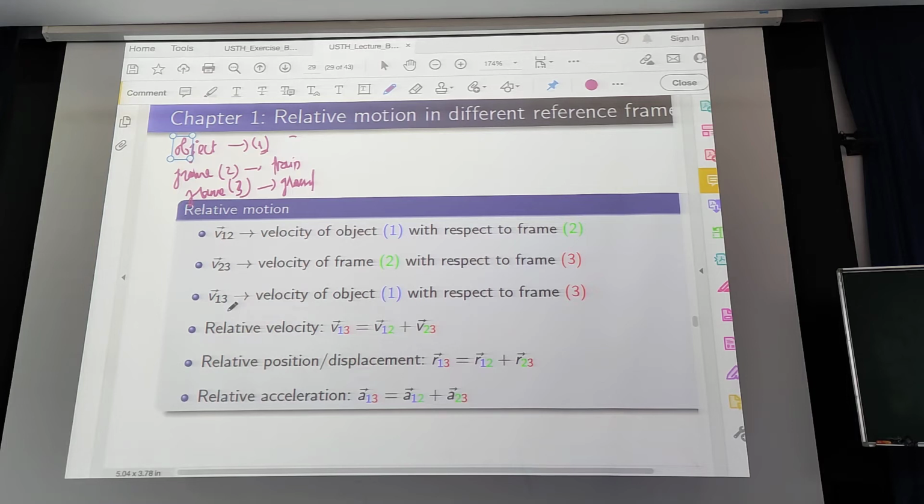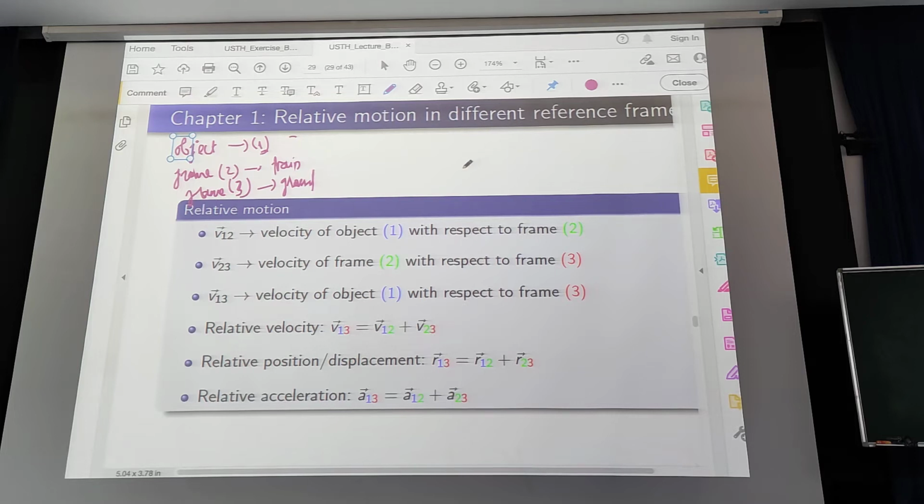The way you get the velocity of object 1 with respect to frame 3 is you use the rule of adding vectors. V13 equals V12 plus V23.